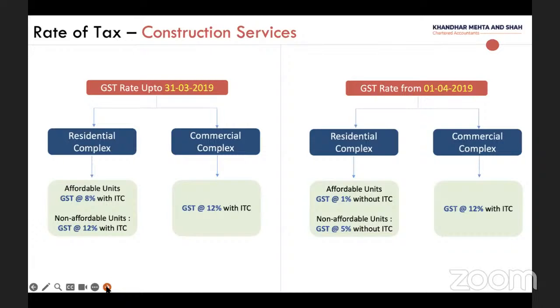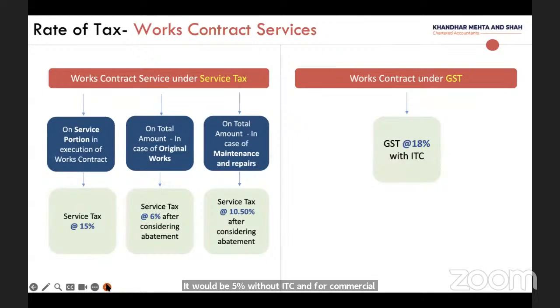So input tax credit was allowed. After 1/4/2019, they've done away with the ITC eligibility, and the reduced rates of 1% and 5% are applicable. So as of now, for any project the builder is starting, for a residential complex it would be 5% without ITC, and for a commercial complex it would be 12% with ITC.